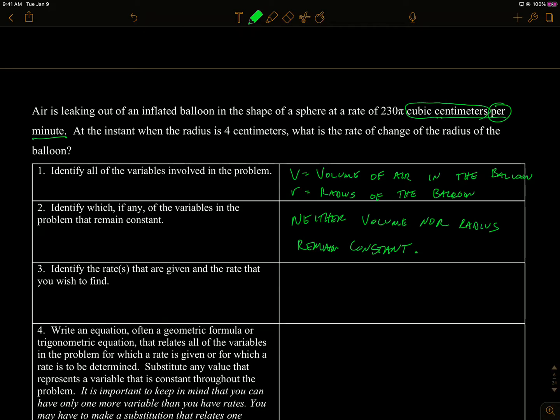It's cubic centimeters per minute, so it's a volume divided by a time. That's a dV over dt. Cubic centimeters is a volume changing with respect to time, per minute. So dV/dt is equal to 230 pi cubic centimeters per minute.